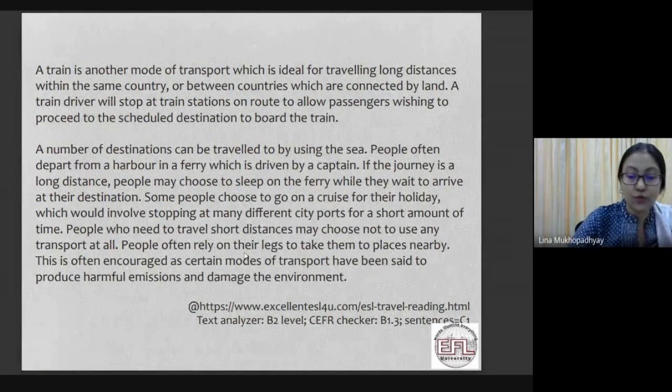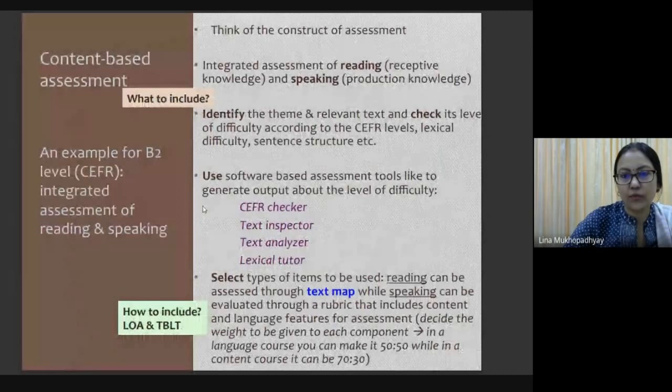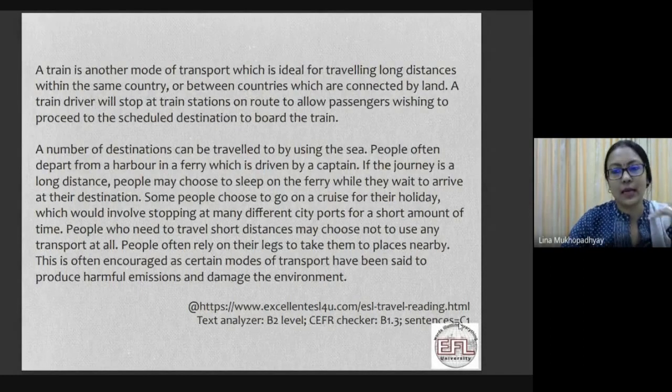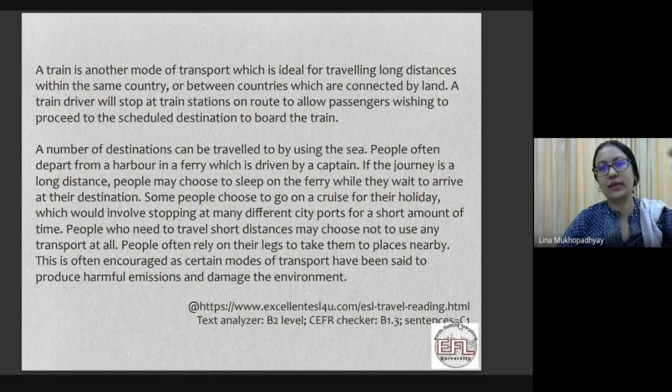So when I used this text to analyze its difficulty through 2 sources, the text analyzer and CEFR checker, what I found out was the text is at the B2 level, okay, but the sentences are at the C1 level. So this is very interesting, that although the theme might look easy, the linguistic structure of the sentences and the vocabulary use pushes the level of the text to a level higher.